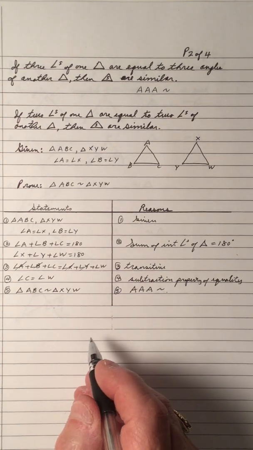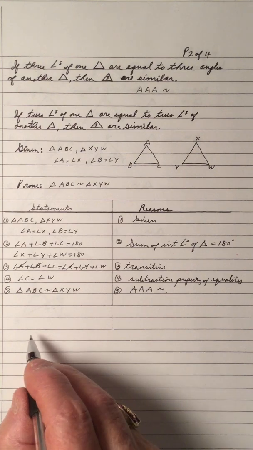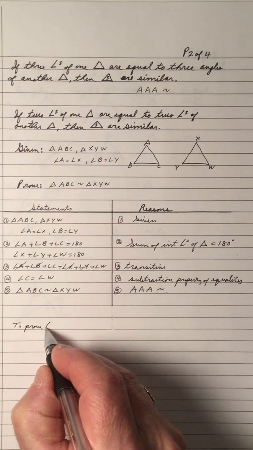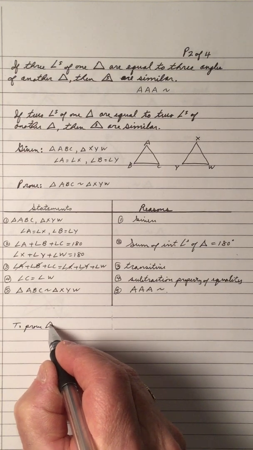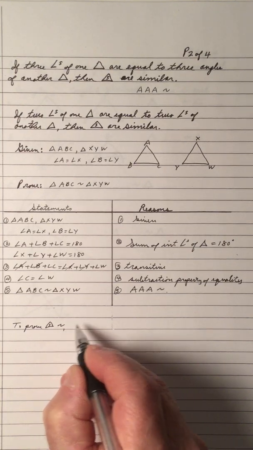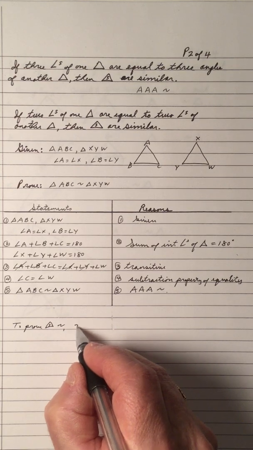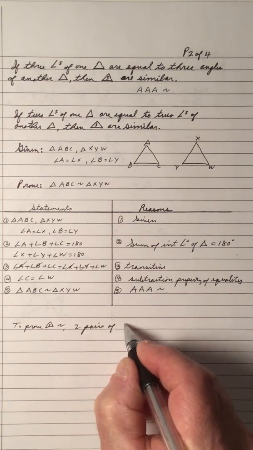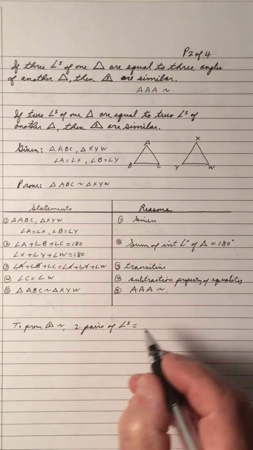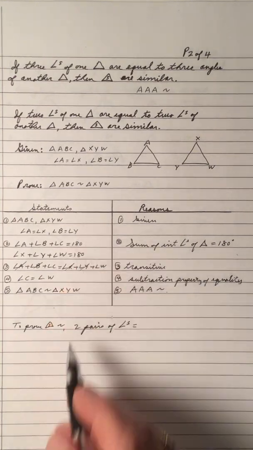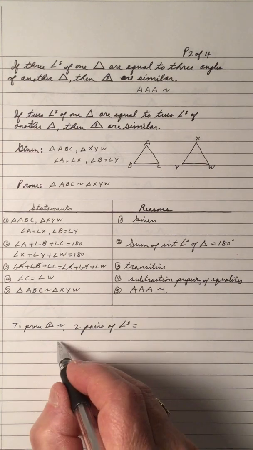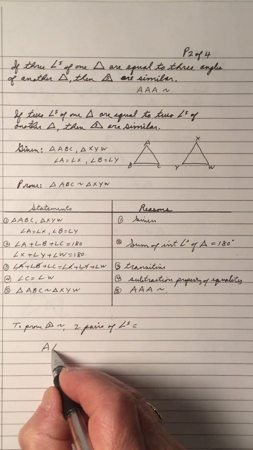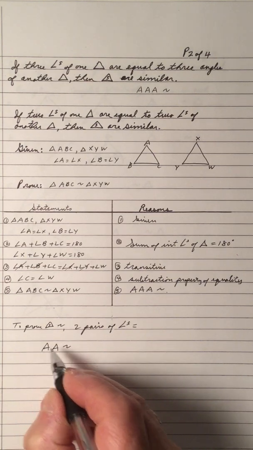So from now on, if we want to prove triangles similar, we only need two pairs of angles equal, not three. Two will do it because we just did this proof. That's called two pairs of angles equal to prove the triangles similar. That's called the AA similarity.